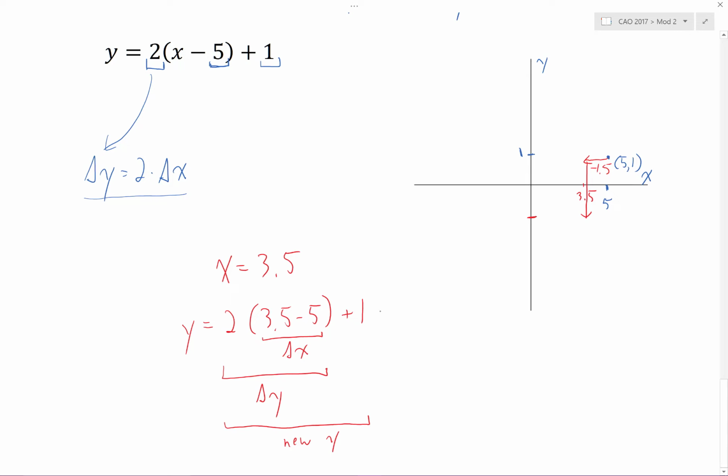Now, this expression has a value of 2 times negative 1.5 plus 1, which is equal to negative 3 plus 1, which is equal to negative 2. So when x equals 3.5, y is equal to negative 2.